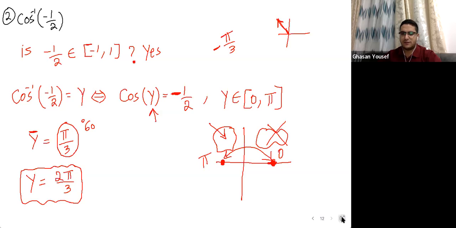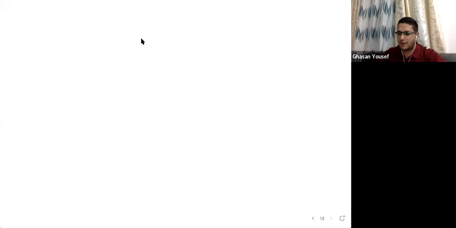The last example before we leave. The example is number 3. The tan inverse of 1 equals... So you have to ask yourself, again, does the 1 belong to the domain?